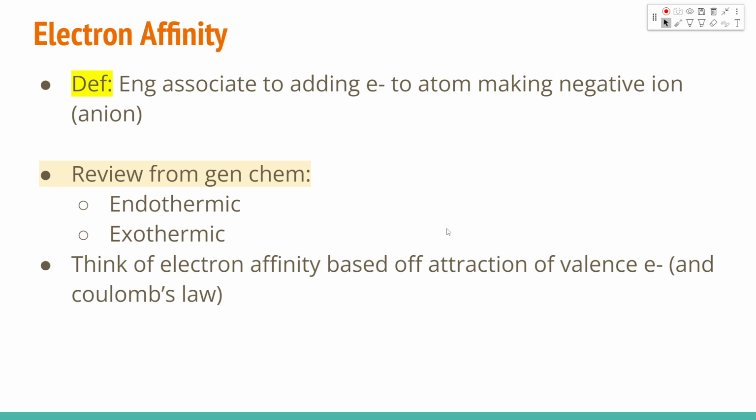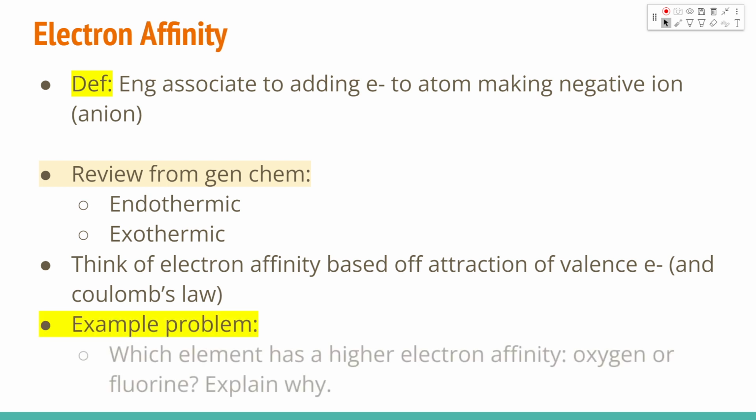And so when I think about electron affinity, I'm thinking about attractions of valence electrons. Again, we're using Coulomb's law in order to think about this kind of thing. And so here is an example problem where you have a higher affinity, oxygen or fluorine.